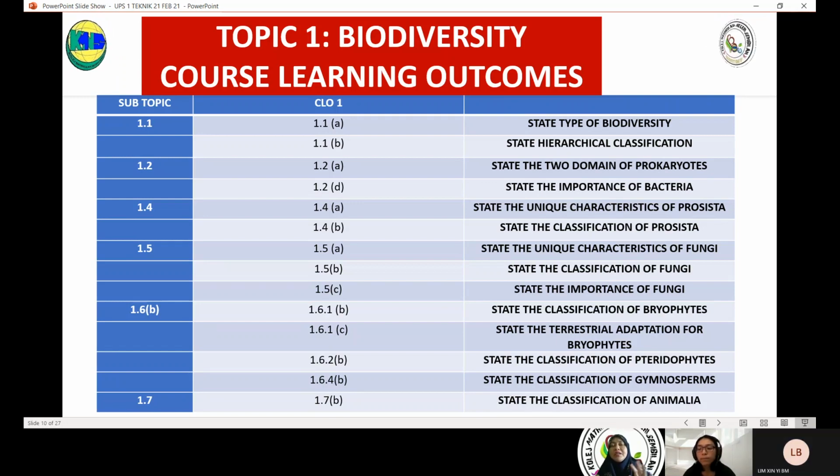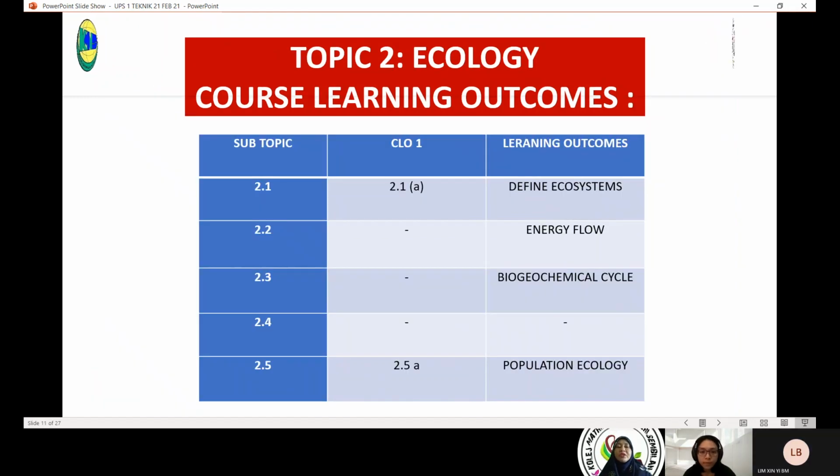The radial symmetry, if you ask about that, the coelomate, the body cavity. So make sure you at least have the idea about it. So that one is chapter 1.